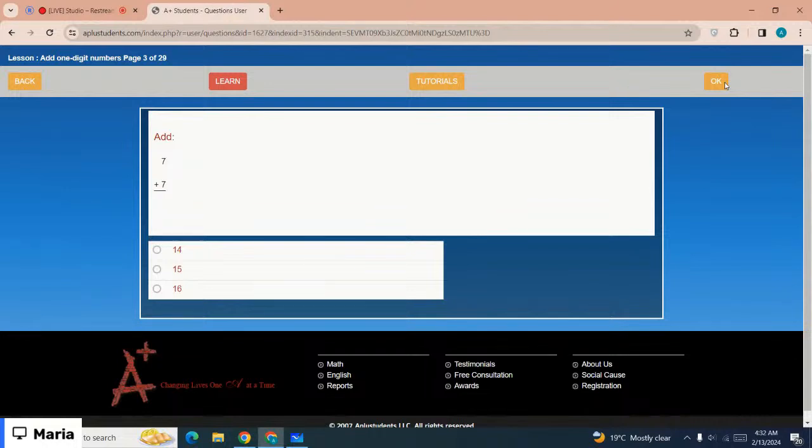So 7 plus 7 makes, yes, the correct option is 14. 7 plus 7 makes 14 it is.